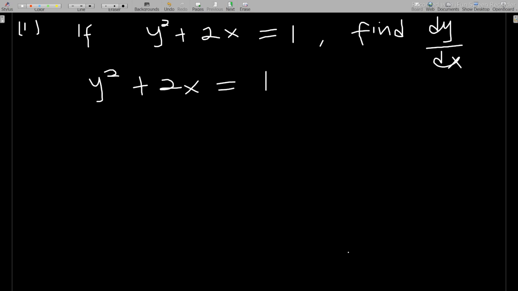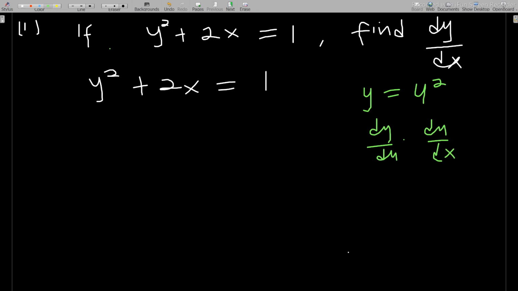In differentiating the function like this, there's no x here, it's just only y. If you remember, if y is equal to u to the power 2 and u is a function of x, then to find dy dx I have to find dy du times du dx.